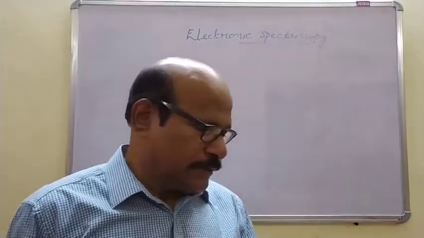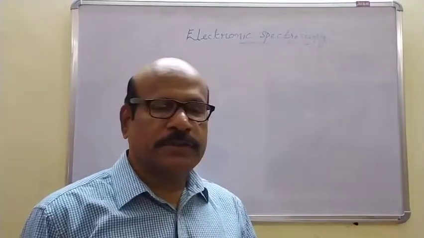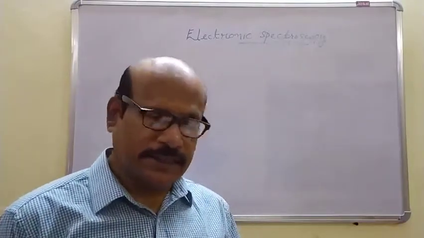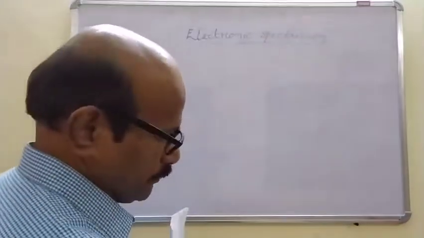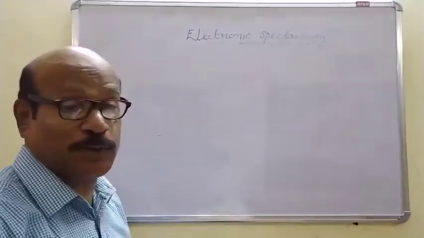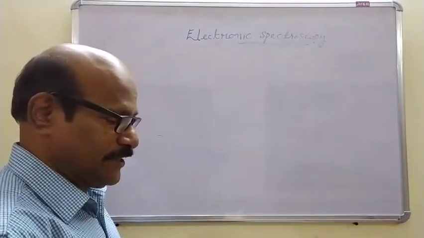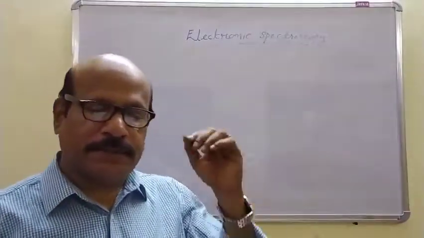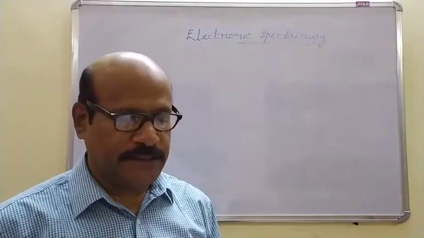So I wish to discuss the spin multiplicity of the electronic state. In connection with electron spectroscopy, the term spin multiplicity is important because it is a parameter that represents a particular electronic energy level.